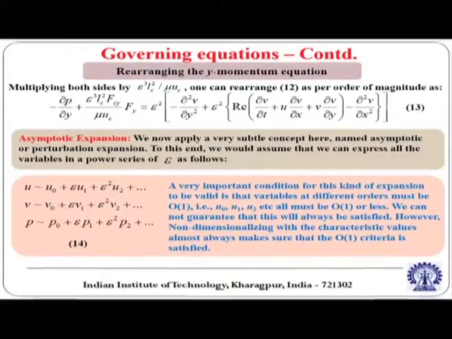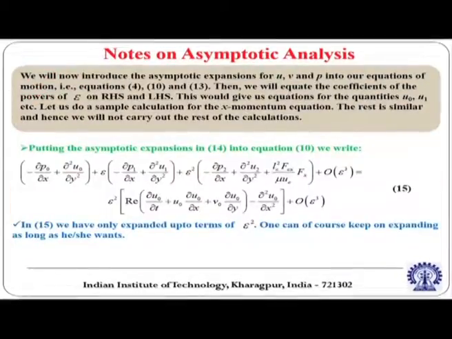So, how can we ensure that u by uc is of the order of 1? That is our hope. If that hope does not work, then it may happen that the individual dimensionless parameters are not of the order of unity, and then this method will not work. So, the choice of the scale is very important. However, if suitable characteristic values can be found, then non-dimensionalizing with them almost always makes sure that the order of criteria is satisfied.